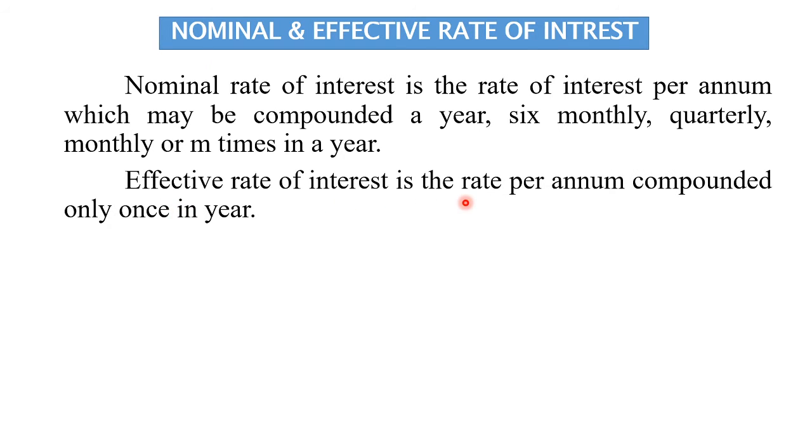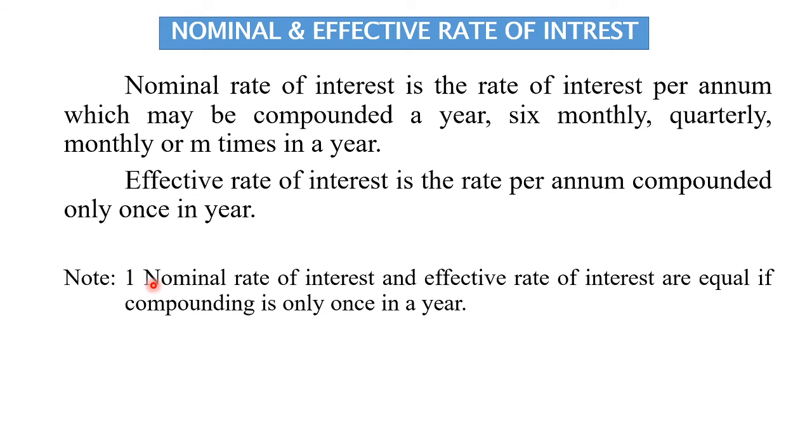Effective rate of interest is the rate per annum compounded only once in a year. Note that nominal rate of interest and effective rate of interest are equal if compounding is only once in a year.